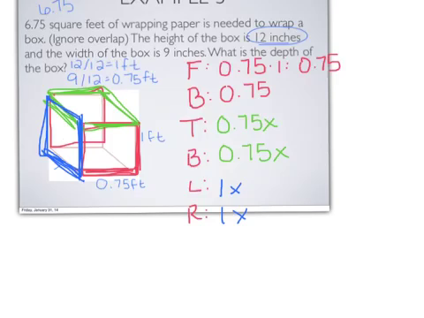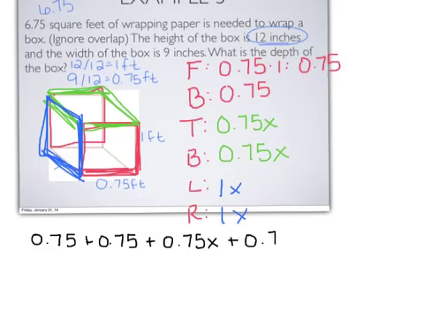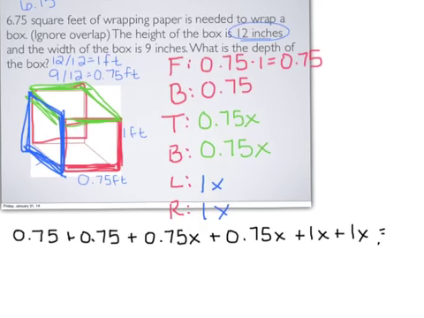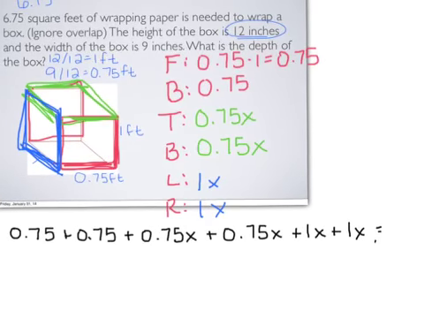So I'm going to add 0.75 plus 0.75 plus 0.75x plus 1x plus 1x, and I know it has to equal $6.75.